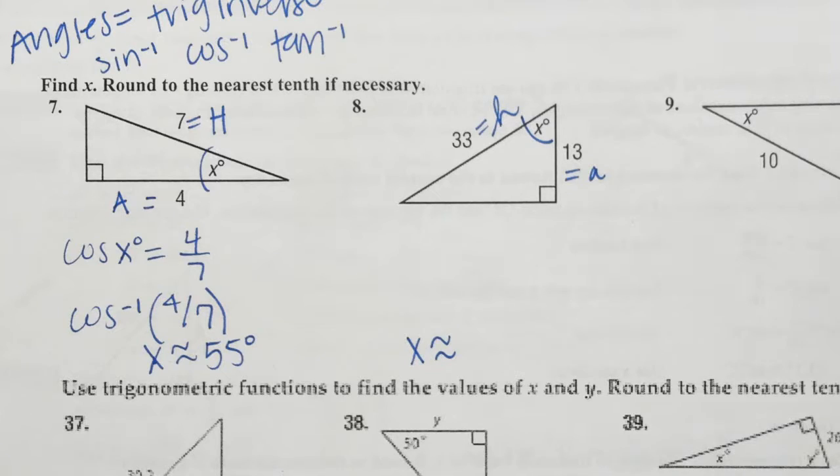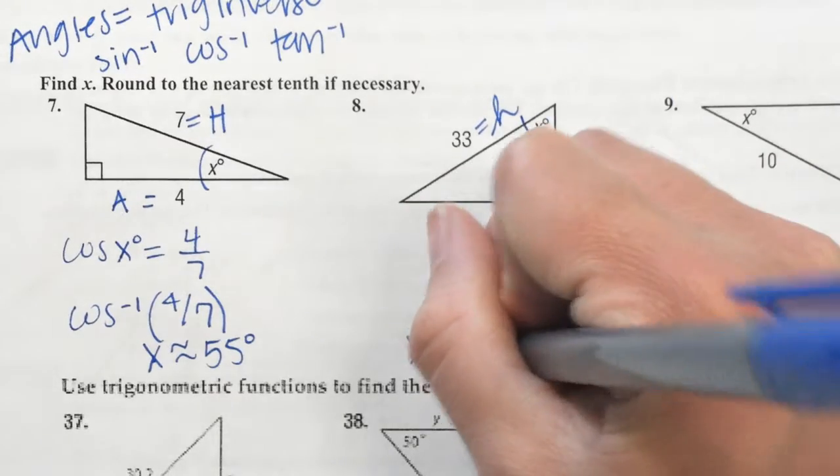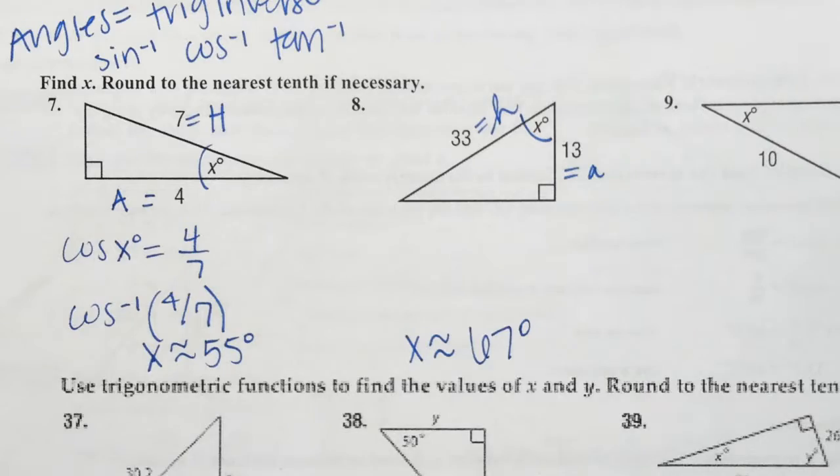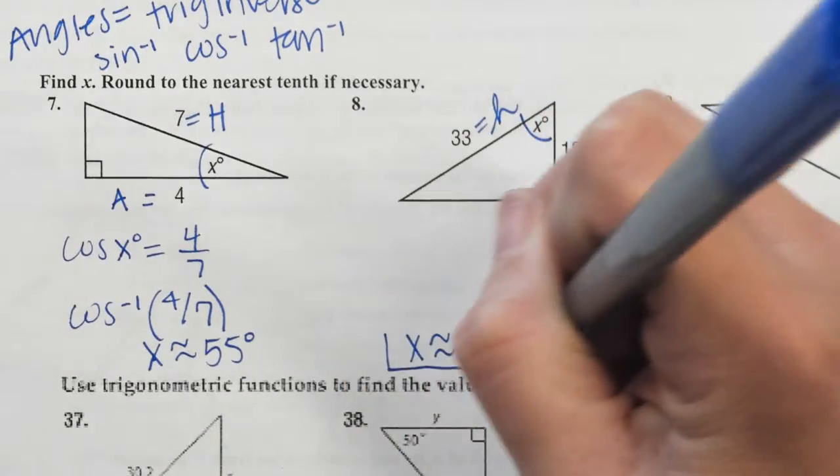What did we get? 67 degrees. Very good. Do I need to go over that part? Alright, go ahead and do 9 on your own.